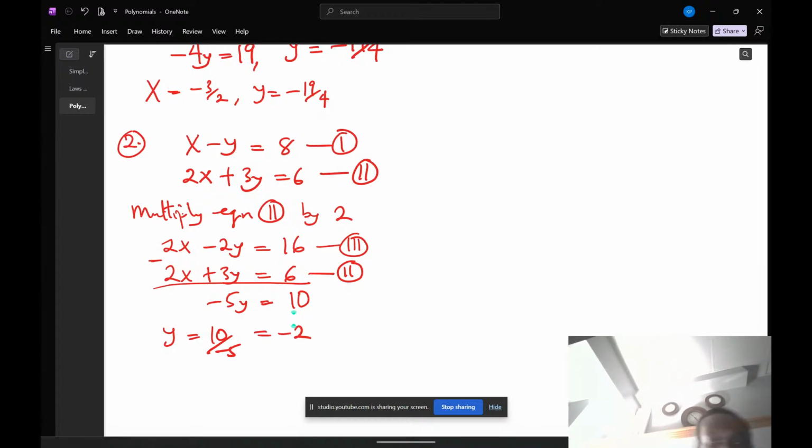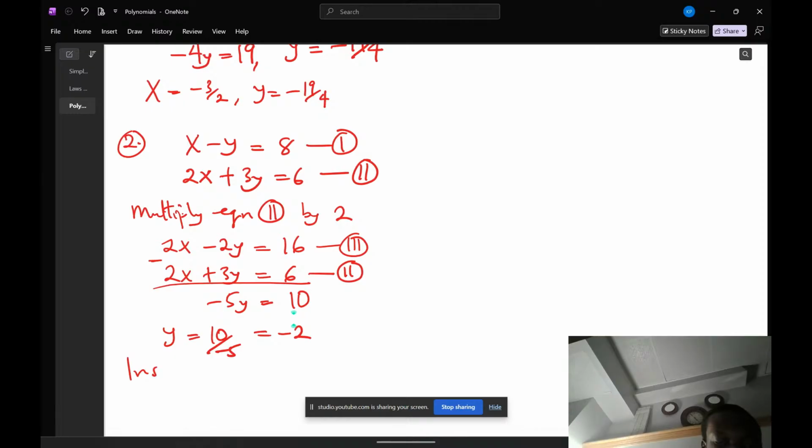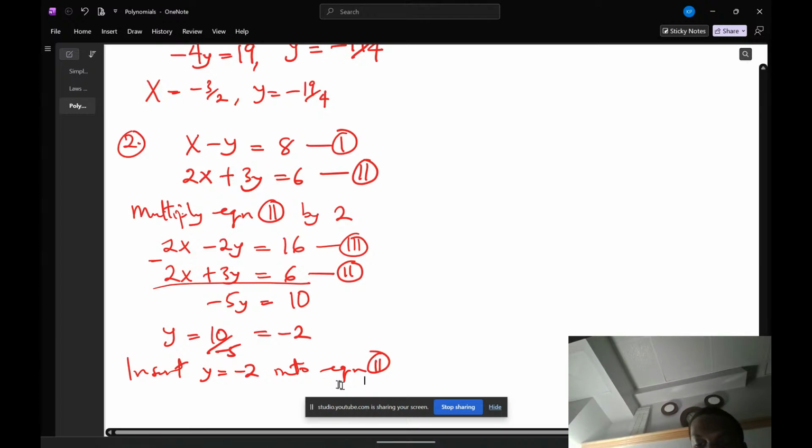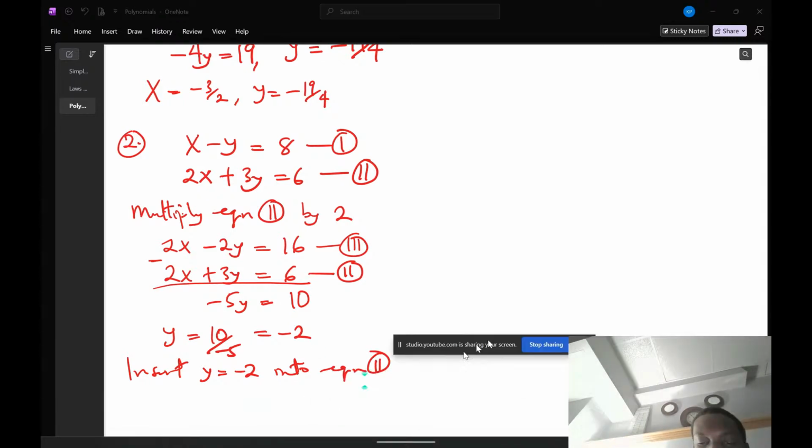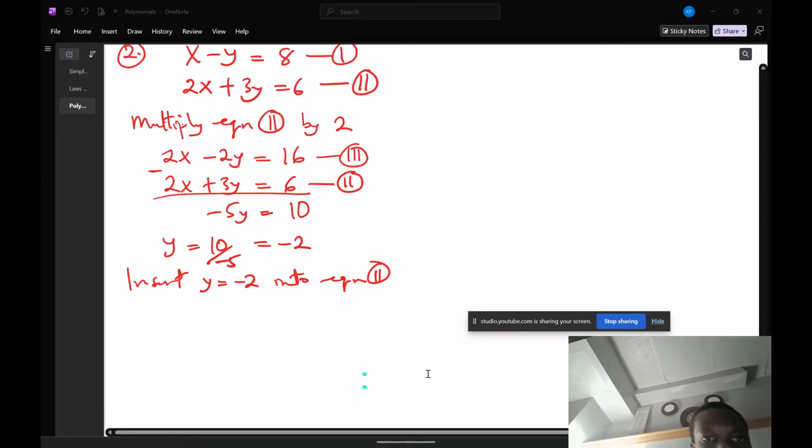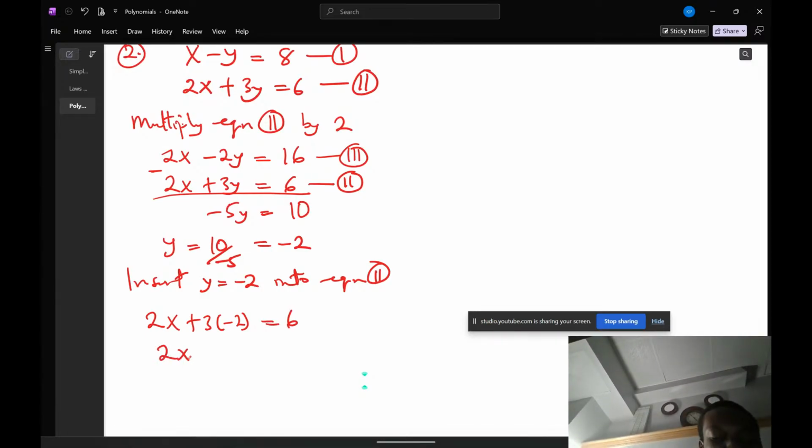Okay, so now we can insert y equals minus 2 into equation 2. If we do that, we have 2x plus 3 times minus 2 is equal to 6. So that's 2x minus 6 is equal to 6.